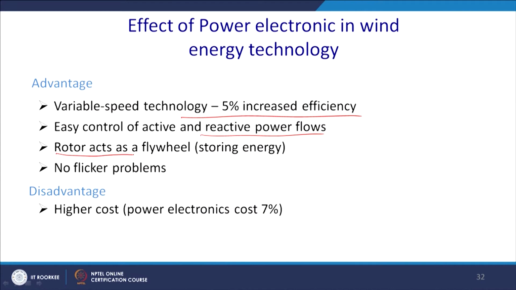So, these FACTS devices ensure easy control of the active and reactive power flow, and where rotors act as a flywheel for storing energy, there is no leakage problem, but it has a higher cost, and the power electronics part constitutes 70% of the bill of material.